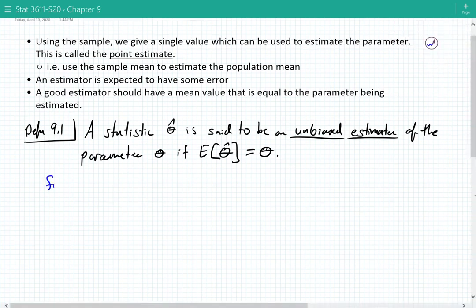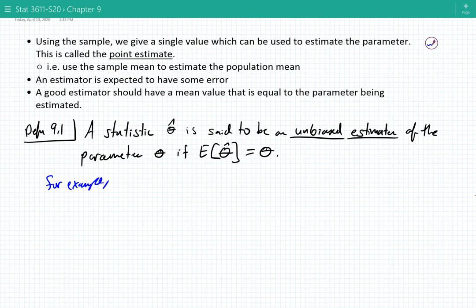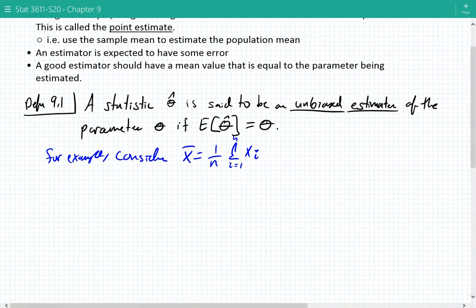So for example, think about x bar. X bar is equal to 1 over n times the sum as i goes from 1 to n of your observations xi. All right. Well, what is your expected value then of x bar?